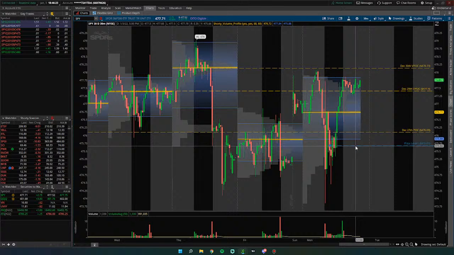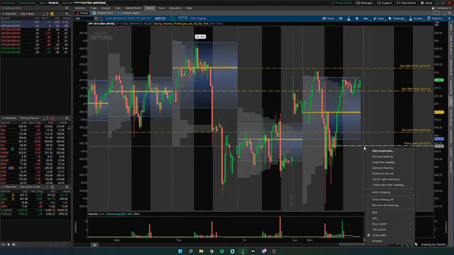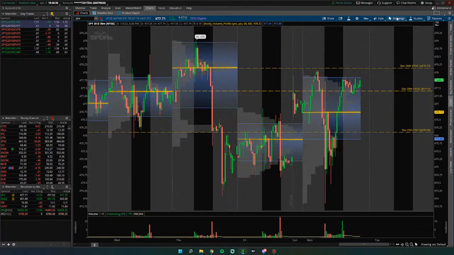I'm wondering what this weird level is here on my chart. Anyway, let's go to a chart I haven't looked at yet today.